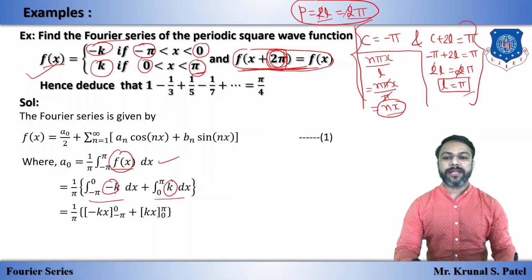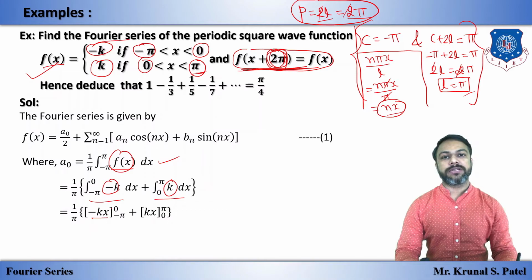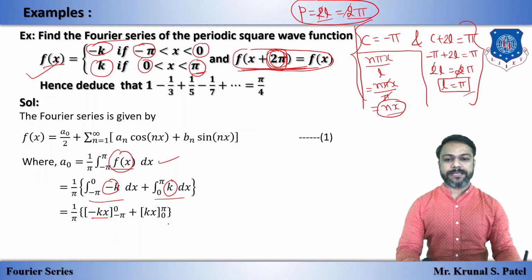Okay, so the integration of minus k is minus k into x, because, as I told, the integration of a constant is the constant into the variable, with limits minus pi to 0 at the end of the box. And the integration of k is kx, with limits 0 to pi. Now upper limit minus lower limit, plus upper limit minus lower limit.